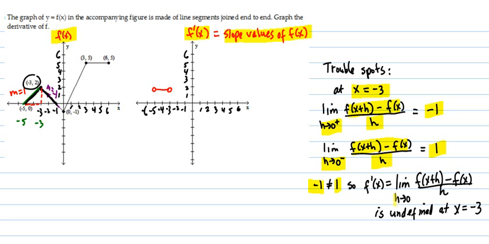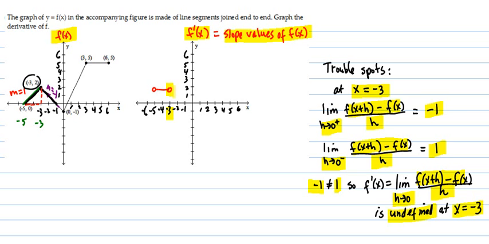So the overall limit as h goes to 0, which is what the derivative is, the two-sided limit from left and right have to match up of the difference quotient. They don't match up, so it's undefined at x equals -3. So there's no point to graph. So at -3, we have this open circle.